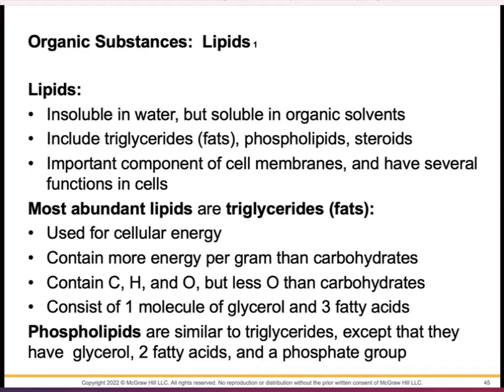A triglyceride is one of the most common dietary lipid groups and the type found most abundantly within our body tissues. This compound is commonly referred to as a fat, okay? Now, let's talk about phospholipid.